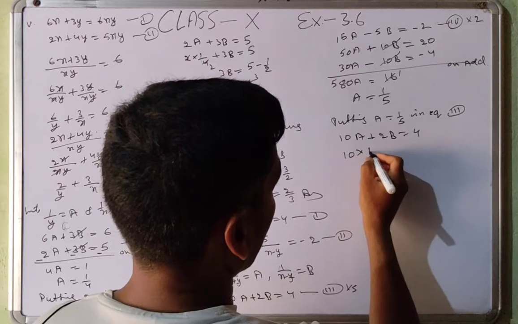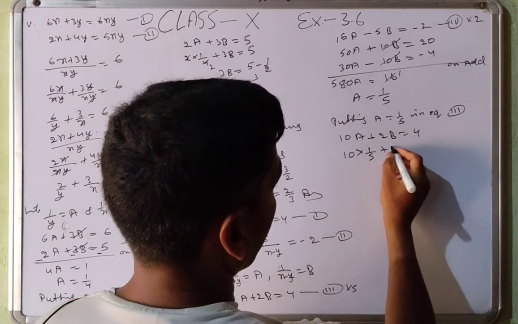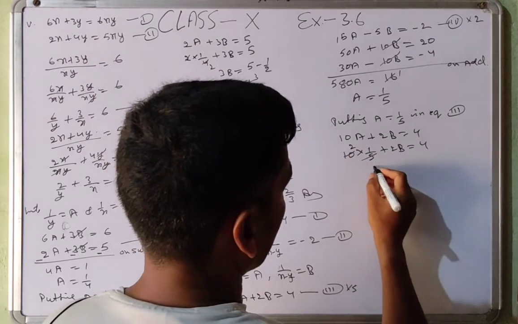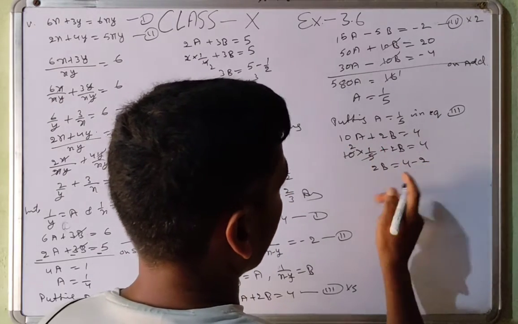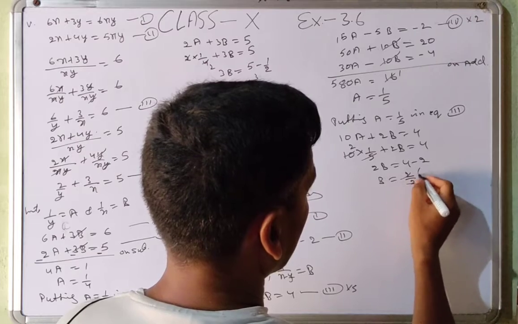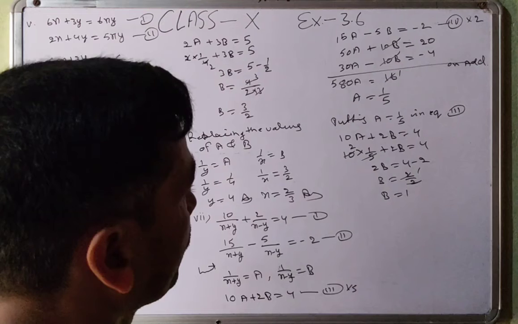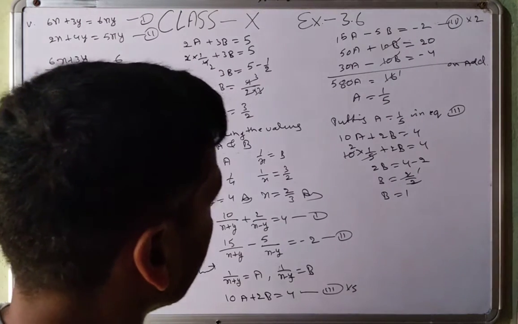So 10 into 1 upon 5, the value of a is that one, 1 upon 5 plus 2b is equal to 4. 5 twos are 10. So 2b is equal to 4 minus that one 2. So b is equal to 2 upon 2 cancel, that b is equal to 1.